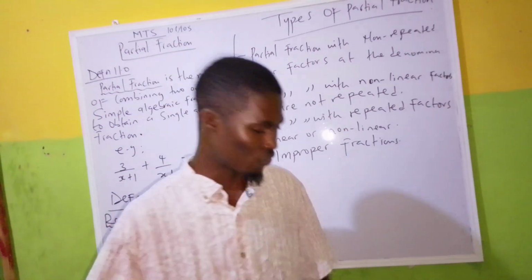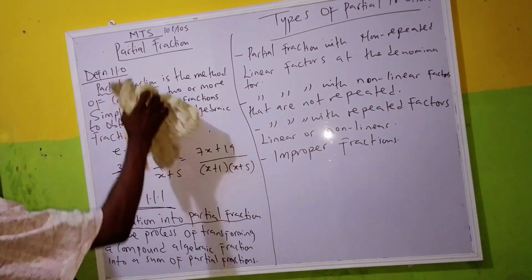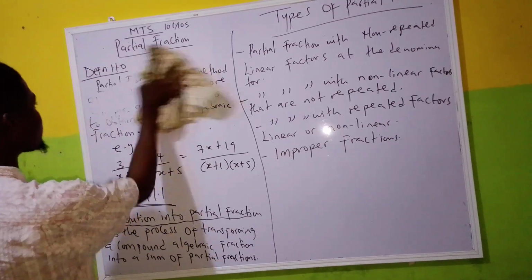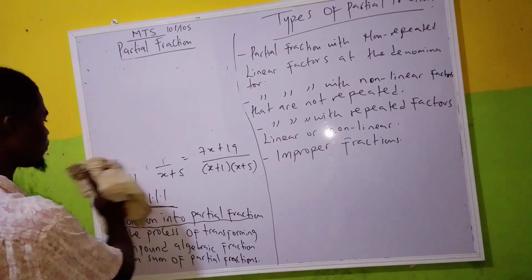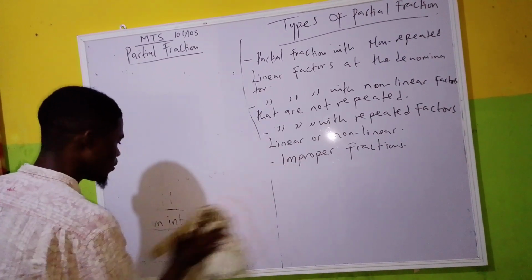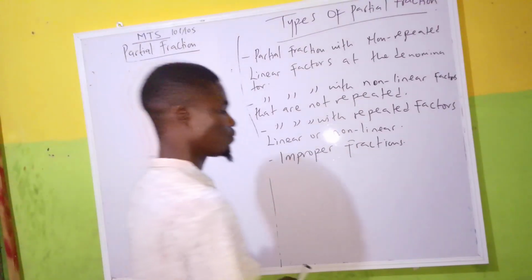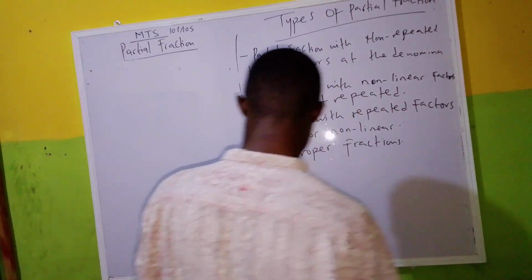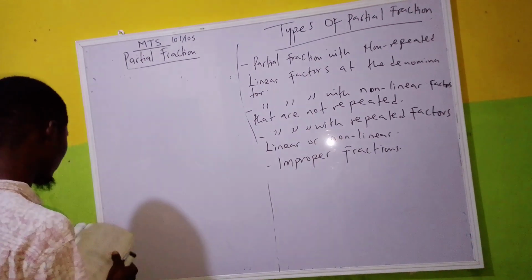Alright, so we move. I'm going to clean this now. I'm going to solve the first question. I just want you to get along with me. Alright, so we have the first question here.